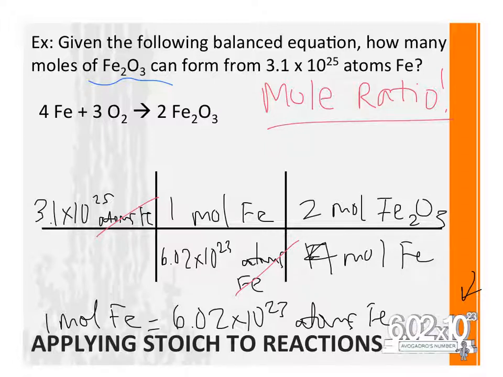Now, if we plug this into our calculator, you'll see that moles of iron cancels, and it will have 3.1 times 10 to the 25th times 2 divided by Avogadro's number, which make sure if you're not using the EE button that you use parentheses, divided by 4, which rounded to sig figs would give us 26 moles of iron 3 oxide.